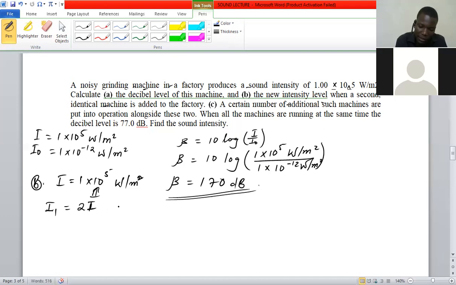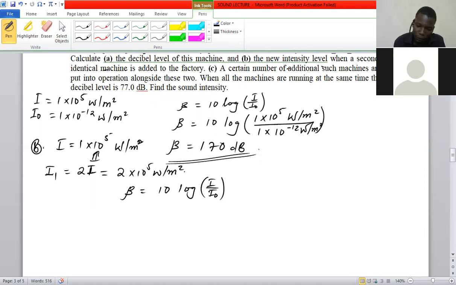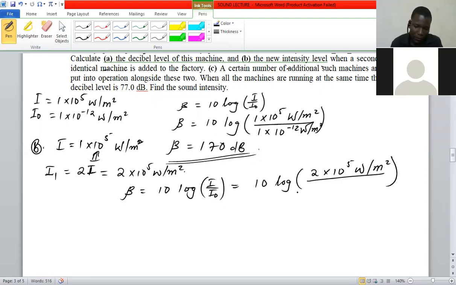So we have 2/10 to the power 5 watt per square meter. Now we calculate the new intensity level: 10 log of the intensity over the threshold of hearing. That is 10 log of 2/10 to the power 5 over the threshold of hearing, which we know is 1/10 to the power -2.